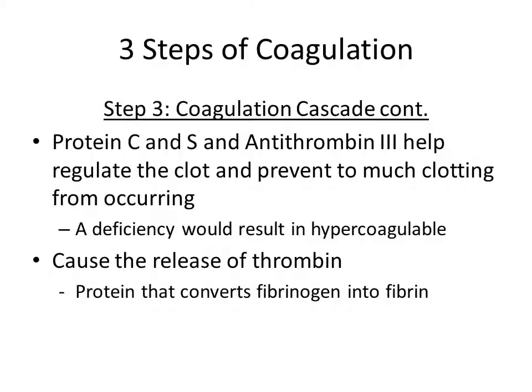Our body has several checks and balances, such as protein C and S, as well as antithrombin 3, which help regulate how much clotting can occur. If you're deficient in any of these proteins, you're going to be in a hypercoagulability state, meaning you're going to clot more than you should, and these clots can occlude blood vessels that are important for tissue and organs and lead to ischemia in those areas.